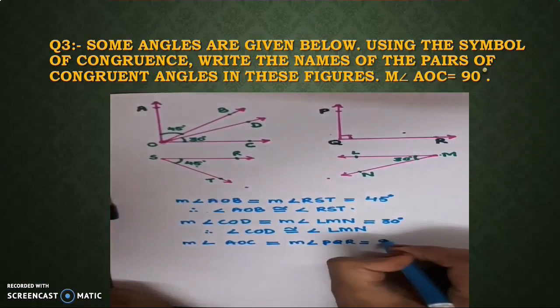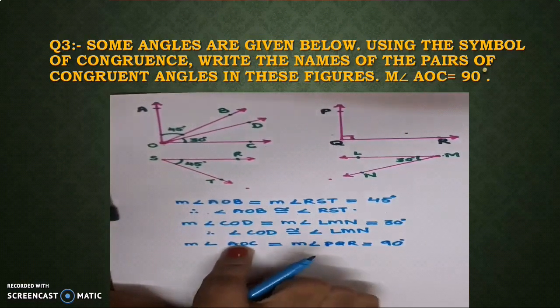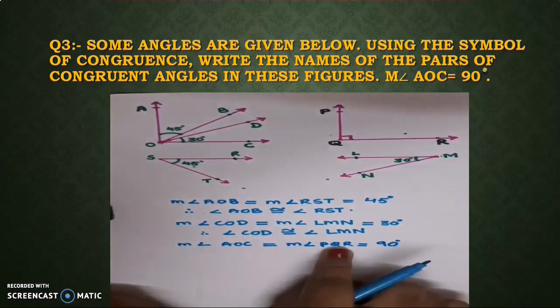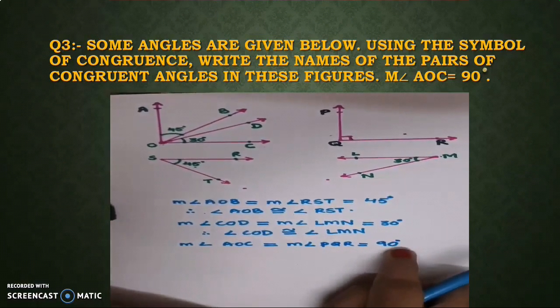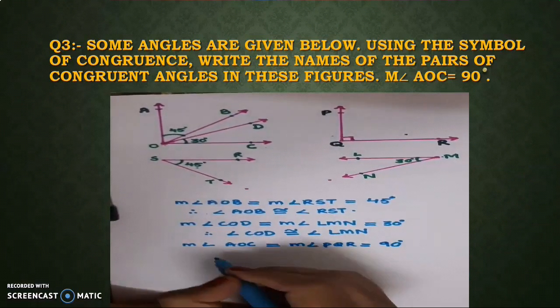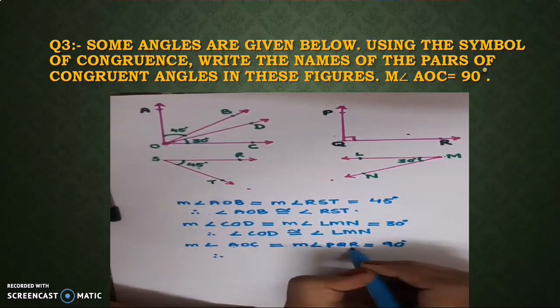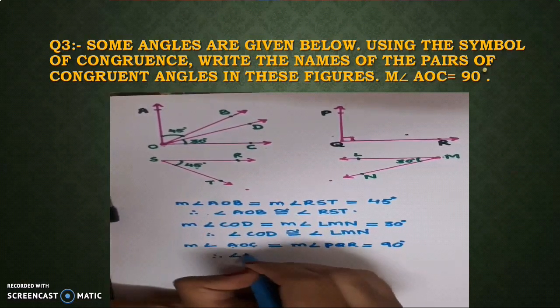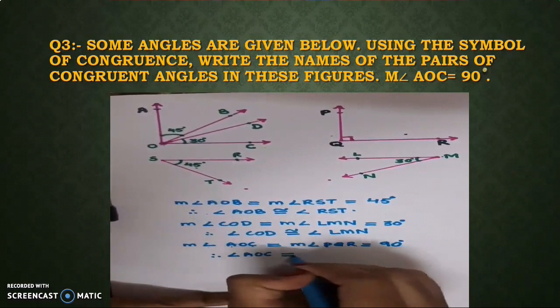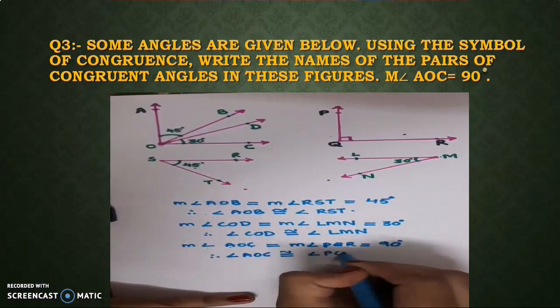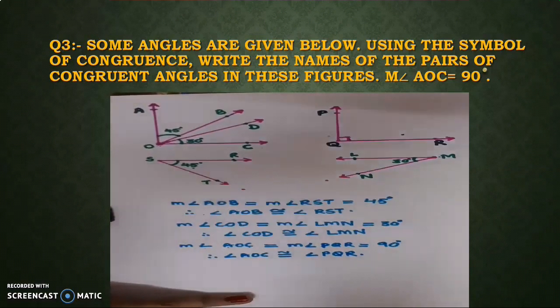Both are having what measure? 90 degrees. So angle AOC and angle PQR both have the same measurement, that is 90 degrees. So what we will write? Therefore angle AOC is congruent with angle PQR.